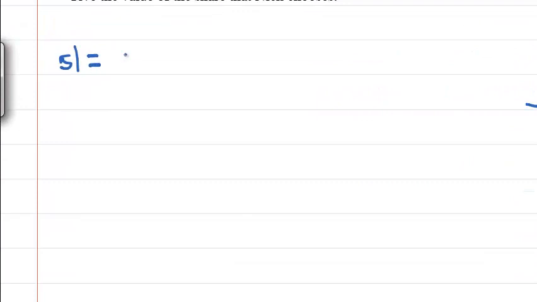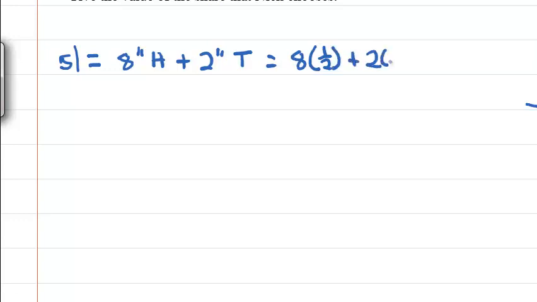S1, 8 inches of ham plus 2 inches of turkey equals 8 times a half dollar per inch, plus 2 inches times $1/2 per inch is 4 plus 1 equals $5.